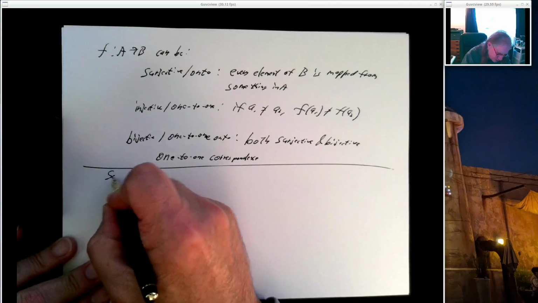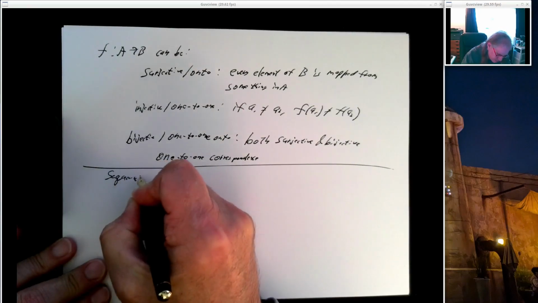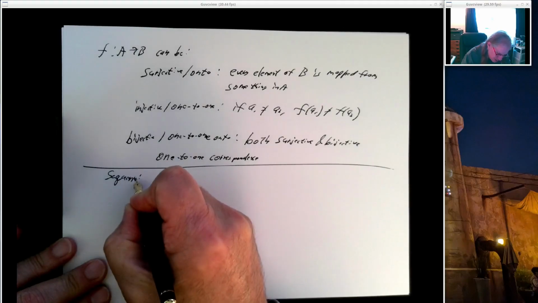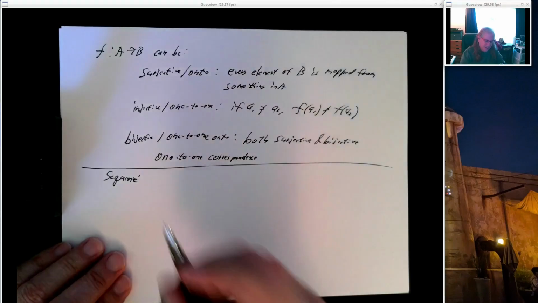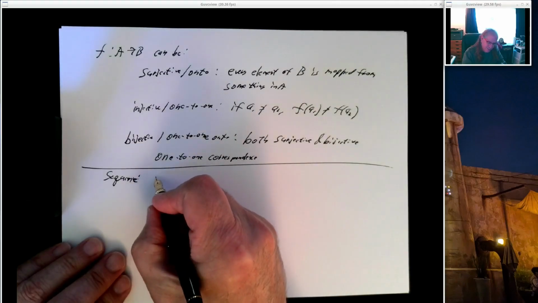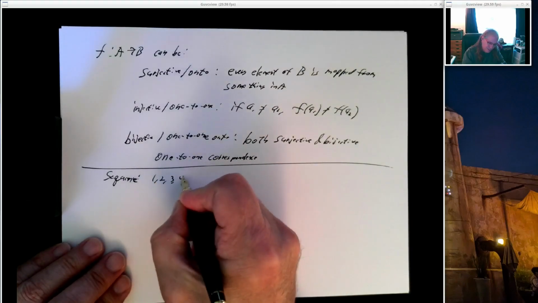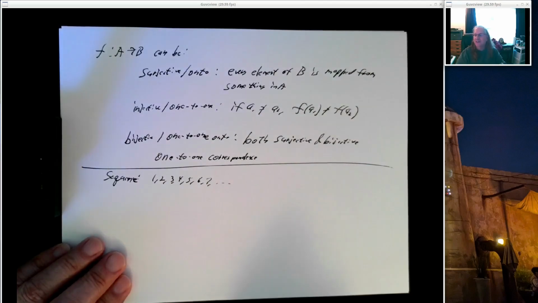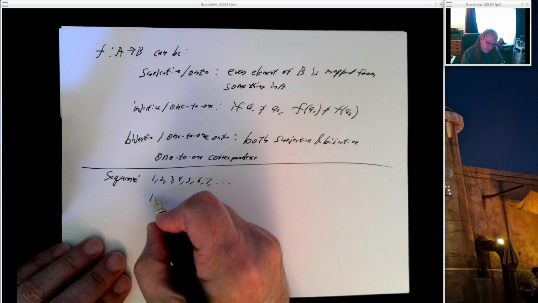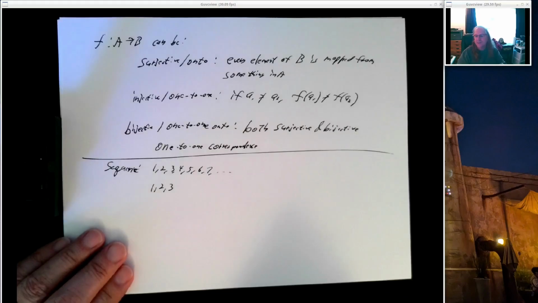So what is a sequence? It's an ordered collection of things. So for example, it could be 1, 2, 3, 4, 5, 6, 7. That's an infinite sequence. It could just be 1, 2, 3. That's a finite sequence.